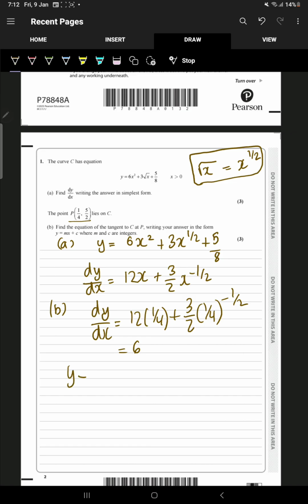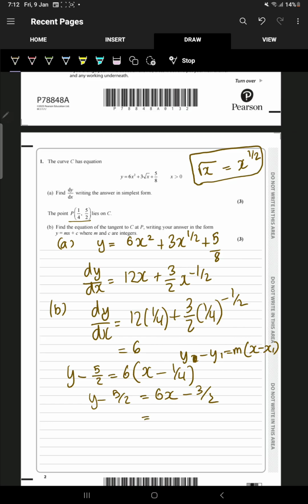So y minus y1, we have to use the equation of the line. y minus y1 is equal to m times x minus x1 for the equation of the tangent. And the gradient is going to be 6, and x is going to be x, and x1 is going to be 1 over 4. So y minus 5 over 2 is equal to 6x, and 6 times 1 over 4 is going to give us minus 3 over 2.